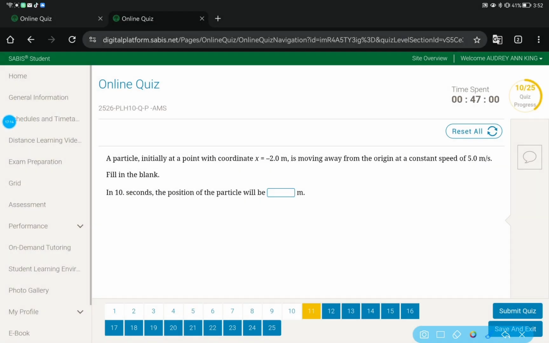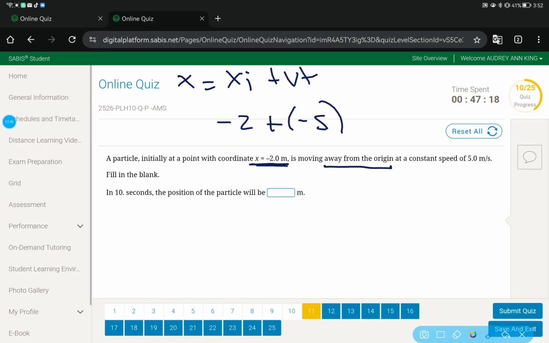So the formula is x equals initial position plus velocity times time. So our initial position is -2 plus, now it's moving away from the origin, so it's going to be -5 for the velocity times 10, so you get -52.